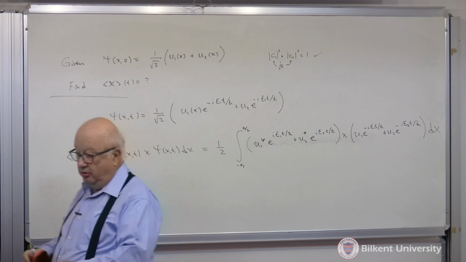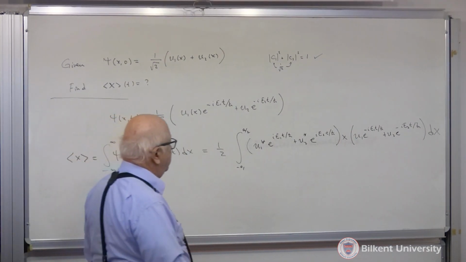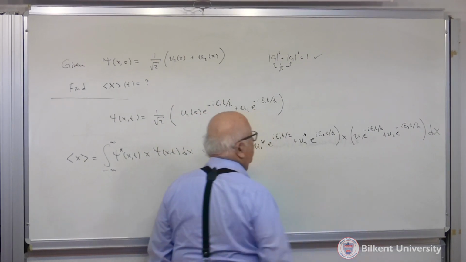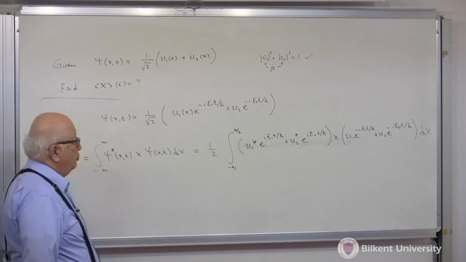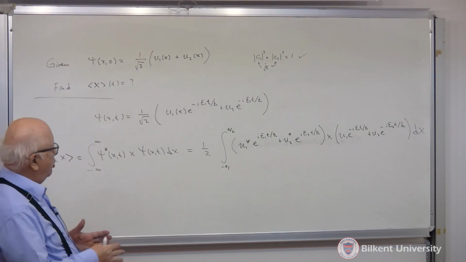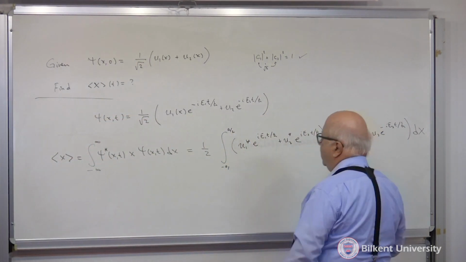It looks like a long integral, but remember that the integral is only over x, so I'm integrating over only these u1s. There will be certain cross terms, etc. But let's just look at them.